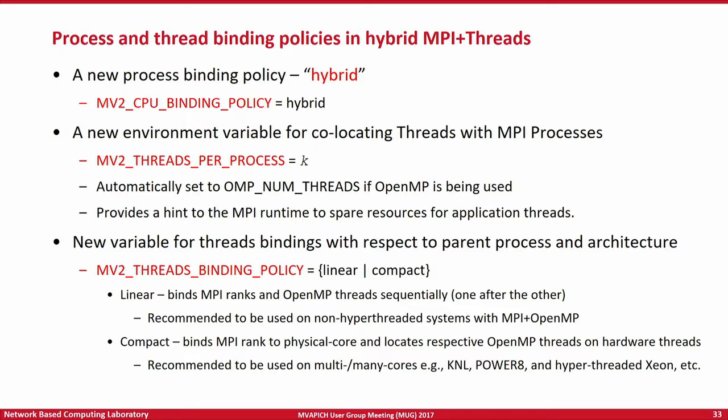And this figure shows how the binding policy would work if you chose a hybrid binding policy with 4 threads per process and compact as the binding option. Consider that each one of these is one tile of a KNL. So you have, let's say, 1 core and 4 hardware threads associated with that core.